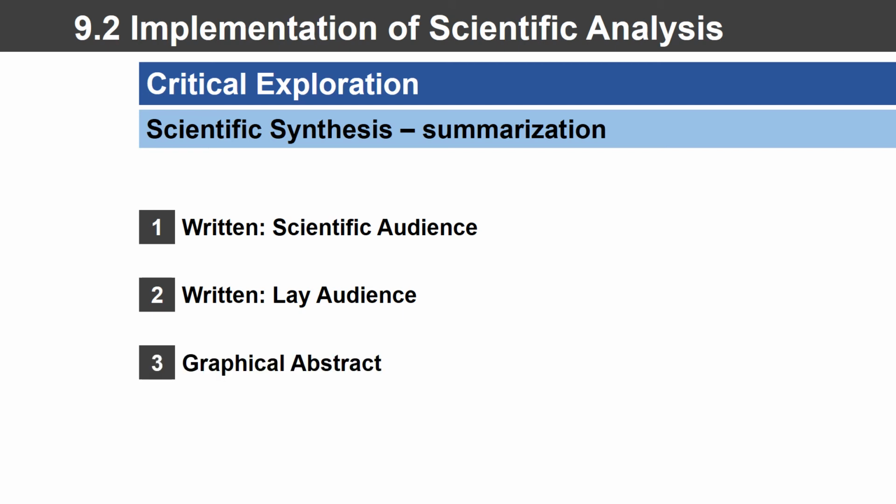The third way we're going to have you synthesize is by making what's called a graphical abstract, and I'm going to explain that in the next slide. And this is actually becoming a more and more commonly used format for journals. They're going to publish a scientific manuscript, and alongside it is going to be a graphical summary of the article. So this is to summarize the article in a visual way.